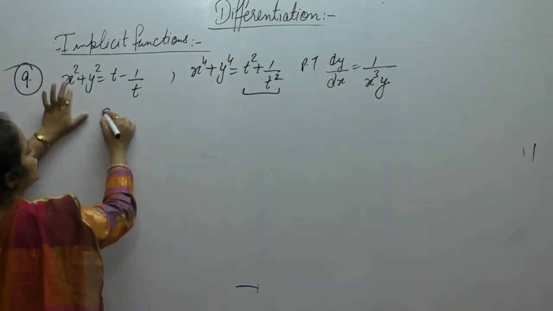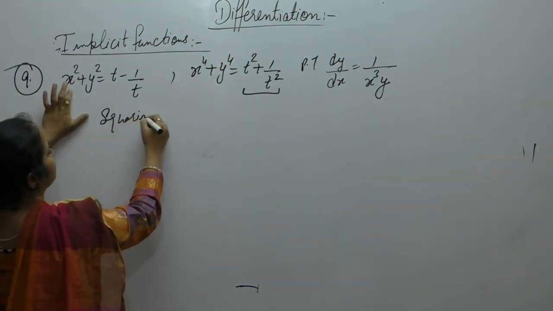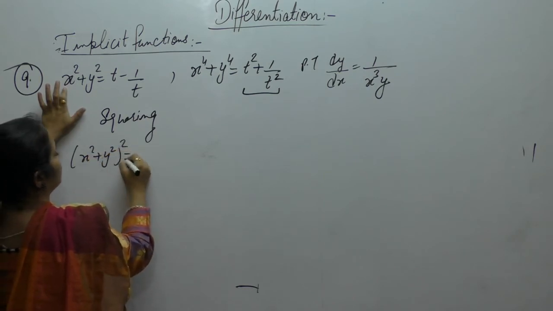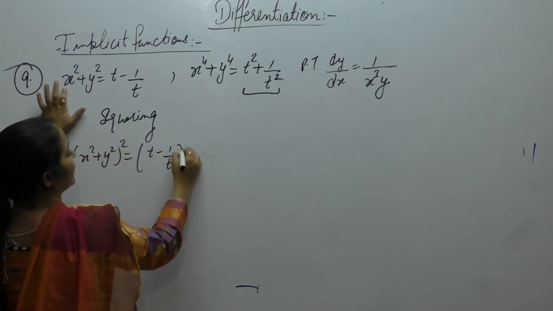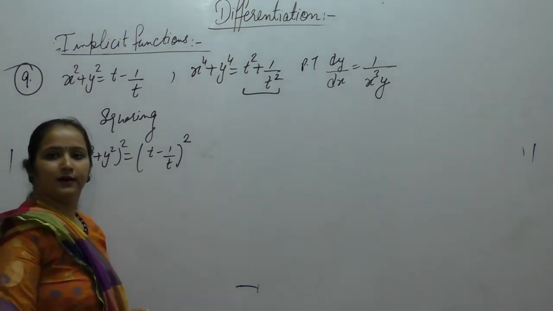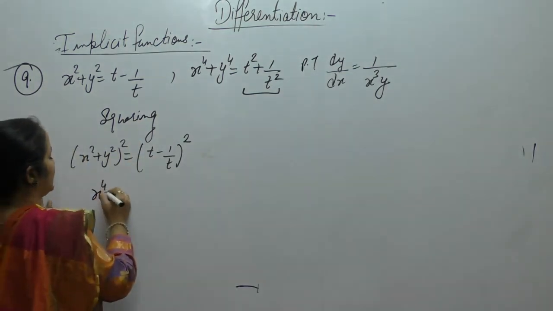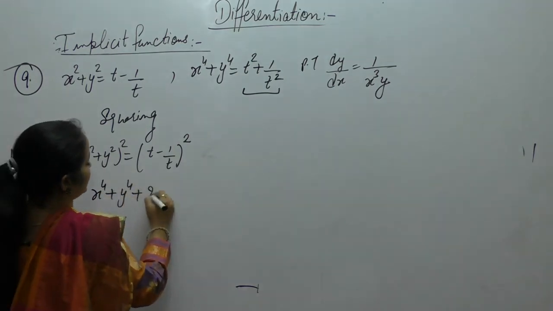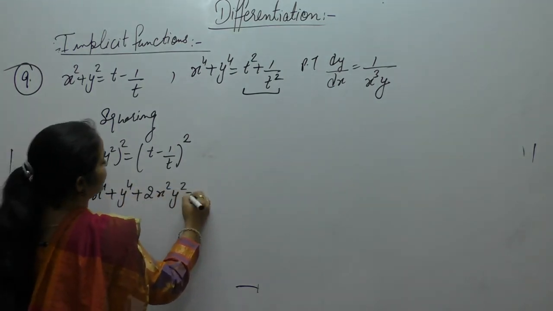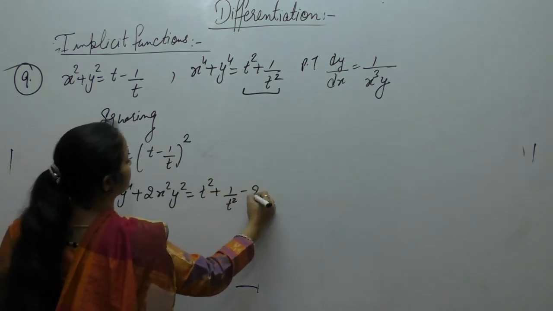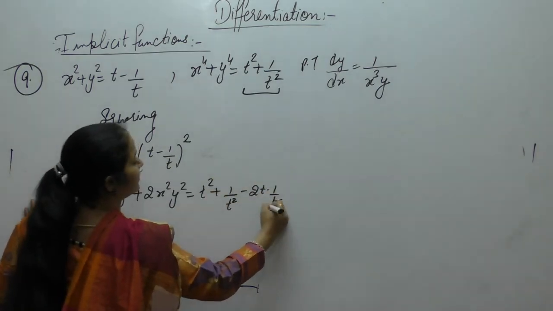Now we have to square this term. A plus b whole square, and here t minus 1 by t whole square. Clear? A plus b whole square is a square plus b square plus 2ab. Similarly, a minus b whole square is a square plus b square minus 2ab.